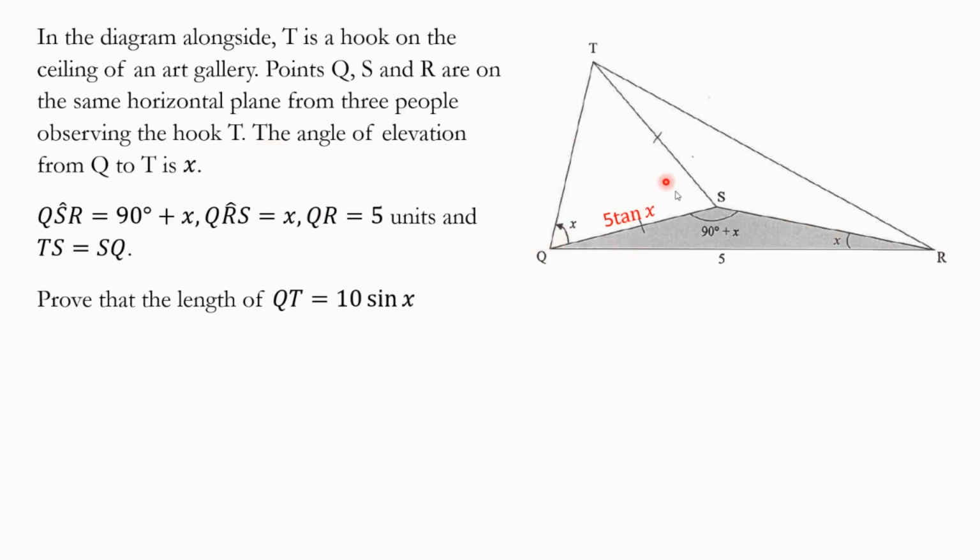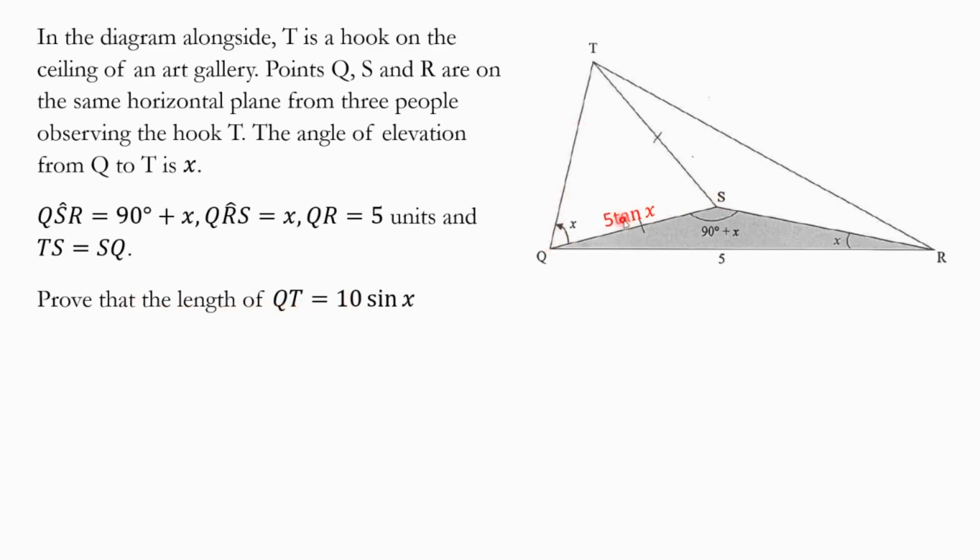The angle of elevation from Q to T is X. QSR is equal to 90 plus X, and then QRS is equal to X. That's the angle there. And then QR is 5 units, and TS is equal to SQ. Prove that the length of QT is 10 sine X.